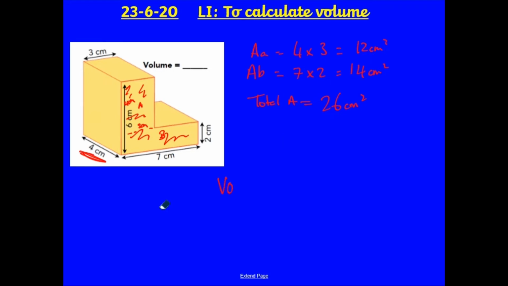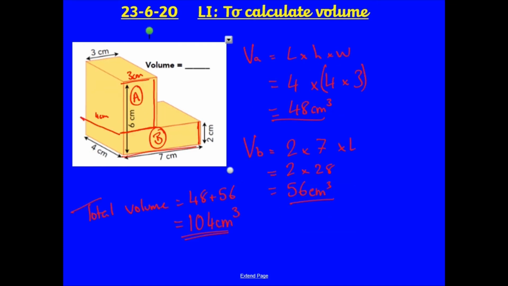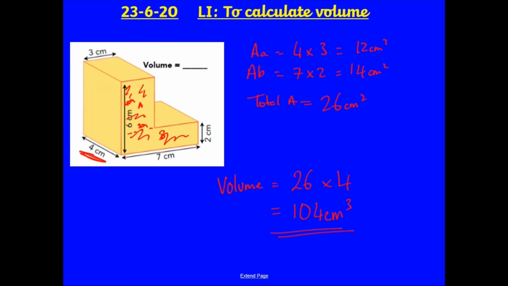So the volume is going to equal 26 times 4. Well, 20 times 4 is 80. 6 times 4 is 24. 80 plus 24 is 104 centimeters cubed. And you can see I got the same answer on that side as I did on this side.